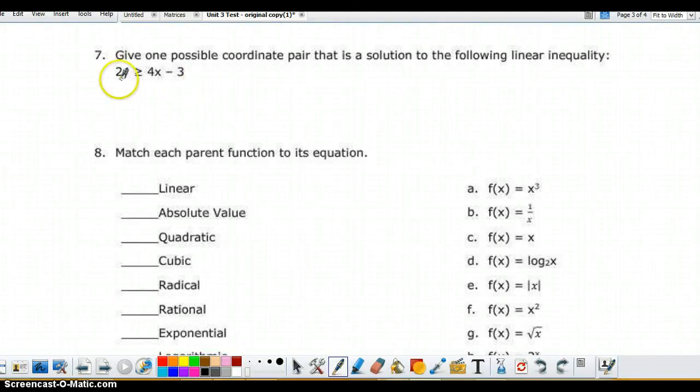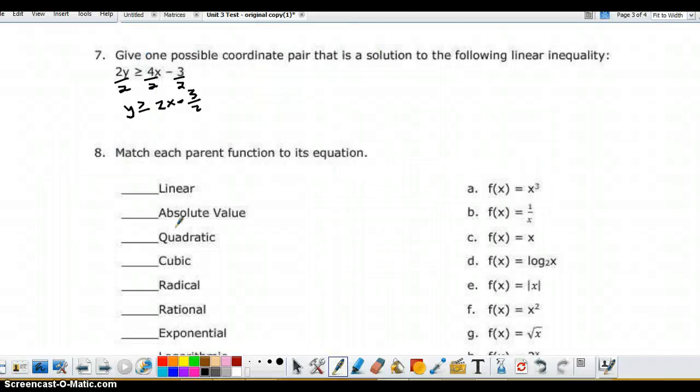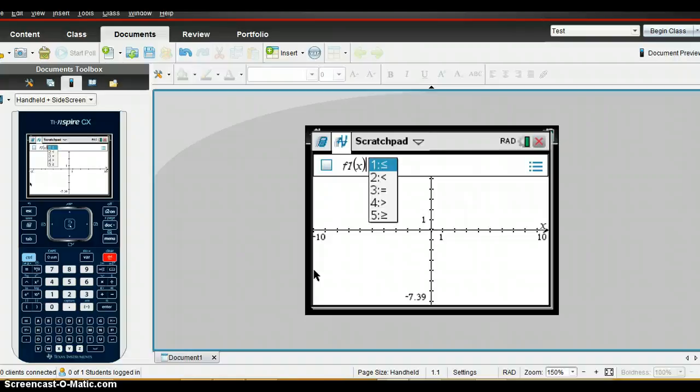Now, to do this, you would divide by 2. So that'd be 2x minus 3/2. Then you could go to your calculator. So delete what's in there. Tab. So we have greater than or equal to, so delete. We want 5 greater than or equal to.